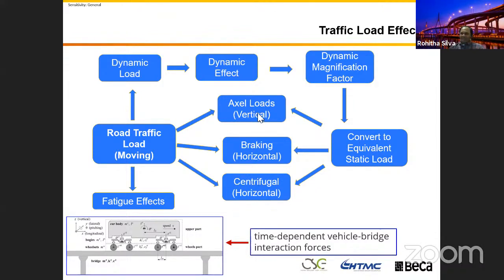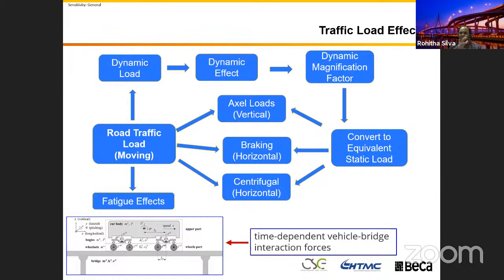In the bridge design, we convert this into 3 separate loads, and this is well defined in the design standard, which will tell you where to position them as well. In addition to that, we spent some time today discussing the fatigue loading. You need to investigate the fatigue effect separately, especially if you are designing a steel bridge.